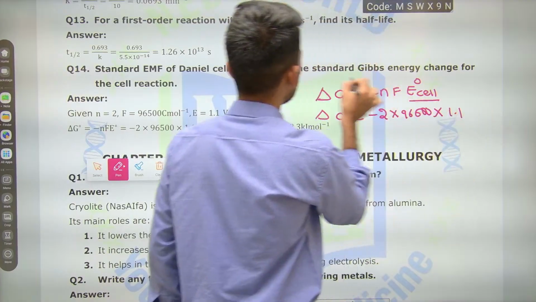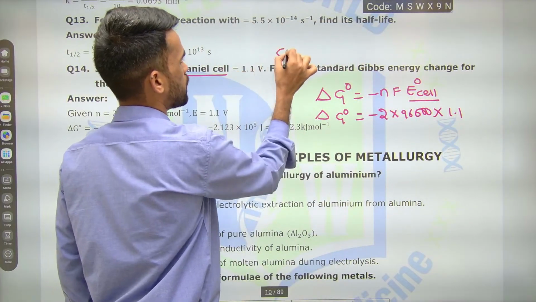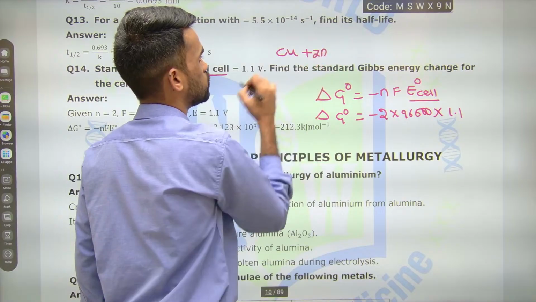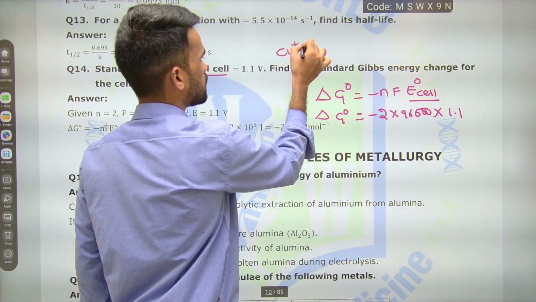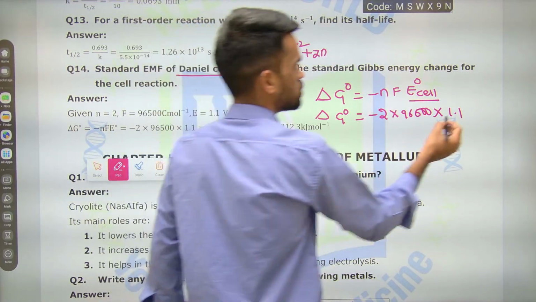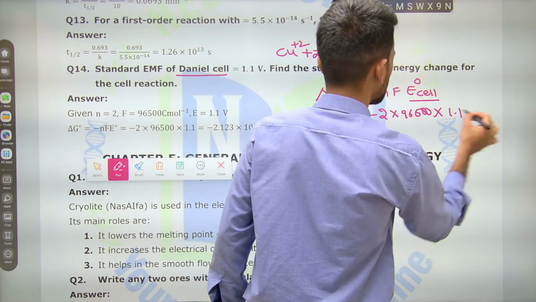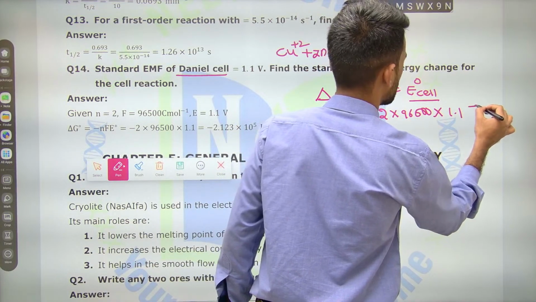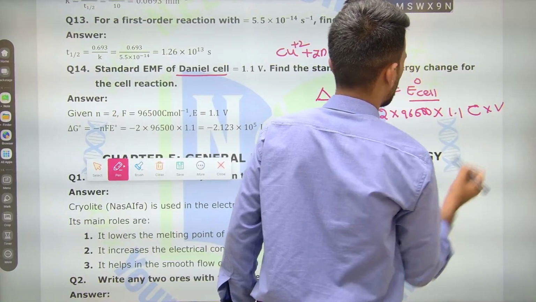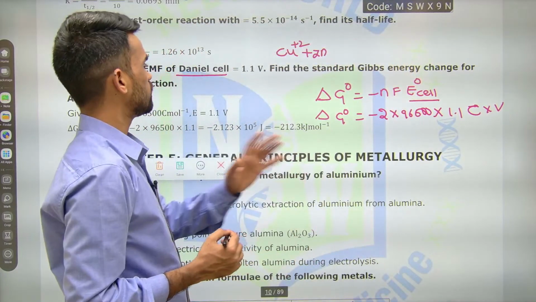See here, the Daniel cell is nothing but the copper and zinc reaction that we have used, copper plus 2 and zinc. This gives you coulomb into volt, so it will be in joules.